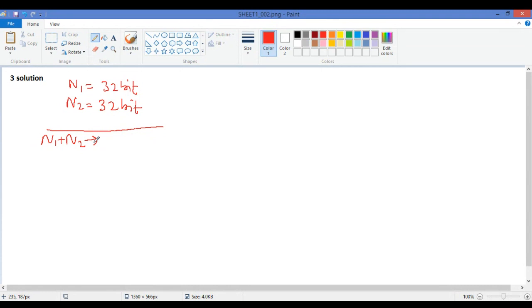Let us first take the 8085 microprocessor. This was developed in the year 1976, and it is an 8-bit CPU. What do you mean by 8-bit?